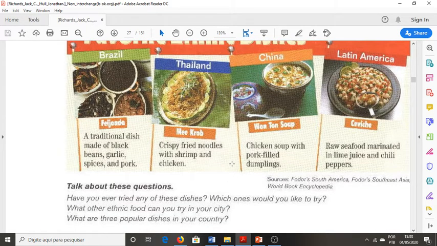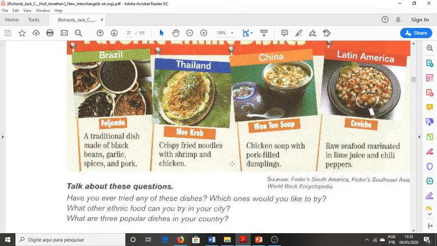There are pictures of ethnic food: Brazil, Thailand, China, and Latin America. Brazil is feijoada. Thailand is mee krob, which sounds like microbe, but it's not: crispy fried noodles with shrimp and chicken.